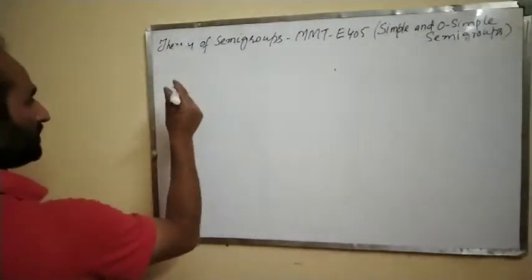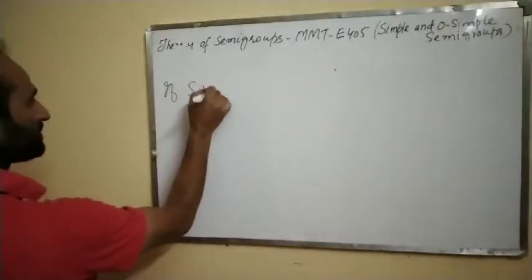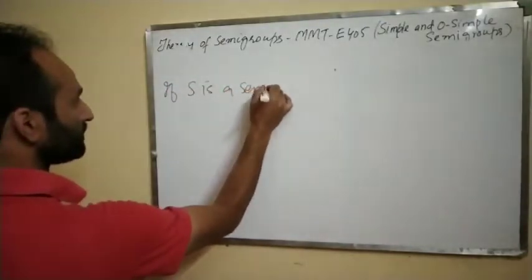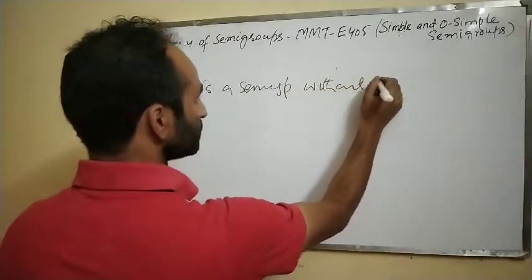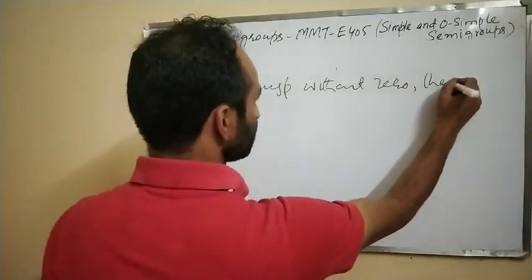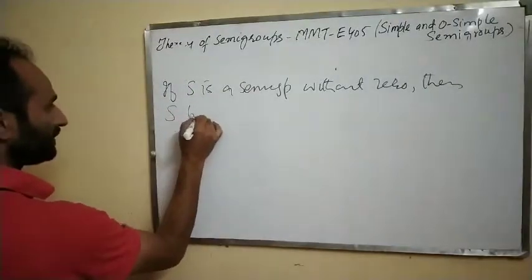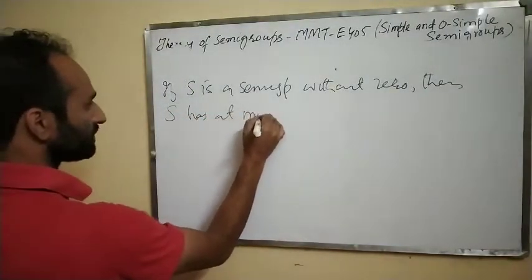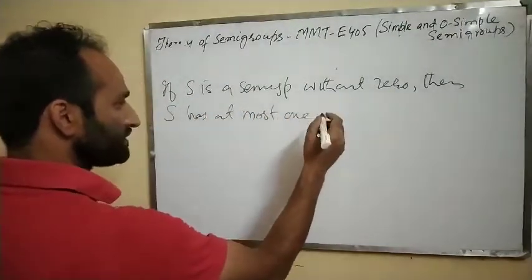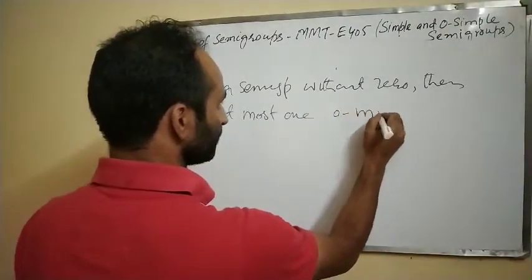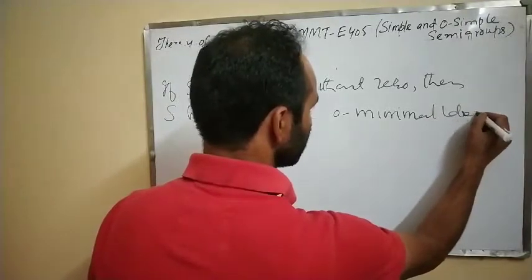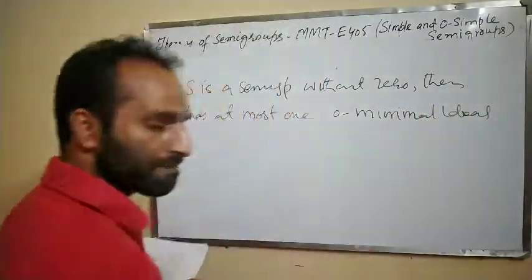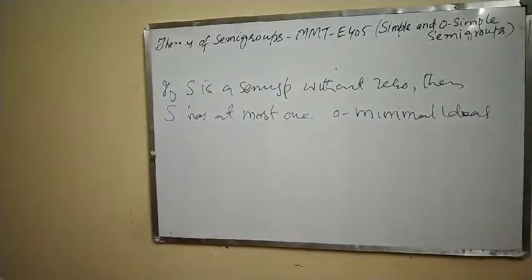If S is a semigroup without zero, then this S has at most one zero minimal ideal. It has at most one zero minimal ideal.